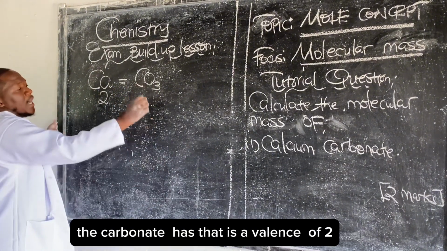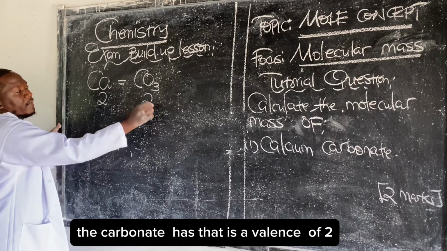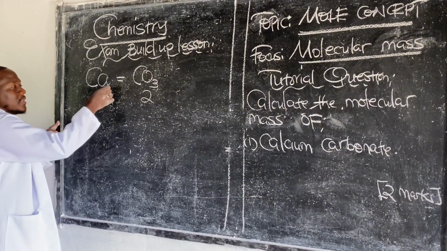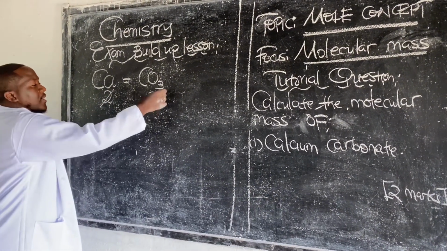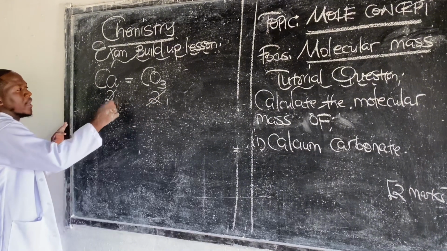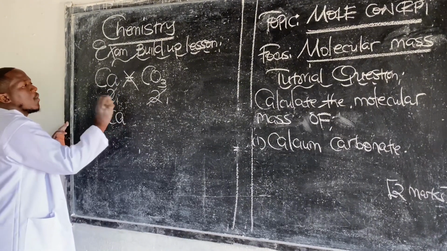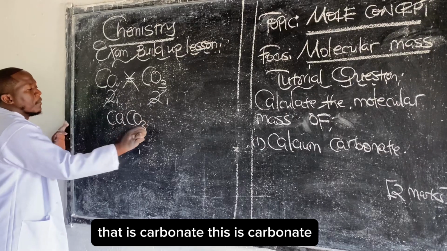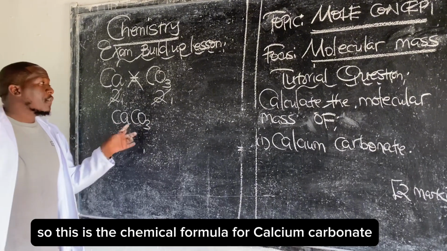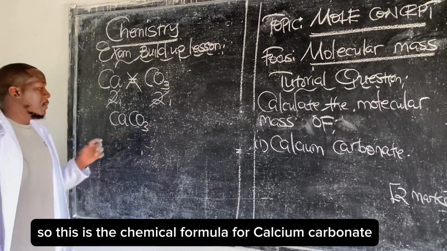A carbonate has a valence of 2. Since this is an even number, and this is an even number, it gives us 1. So calcium times 1, if we exchange, this is calcium, 1 times carbonate. So this is the chemical formula for calcium carbonate.